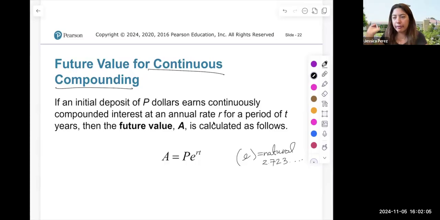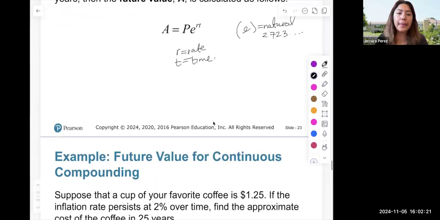It goes on forever. But your calculator has this e number. You don't have to memorize it. You just have to plug it in on your calculator, where R is the rate and T is the time in years.